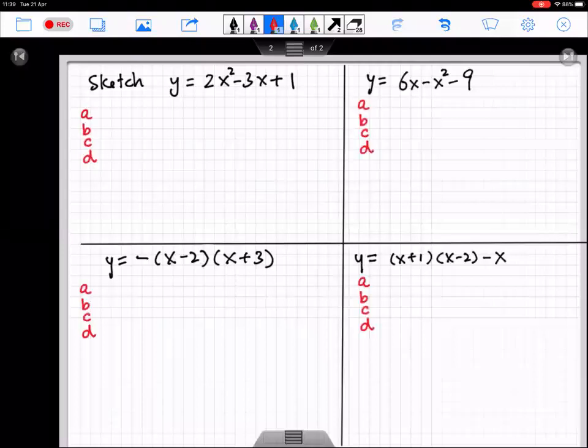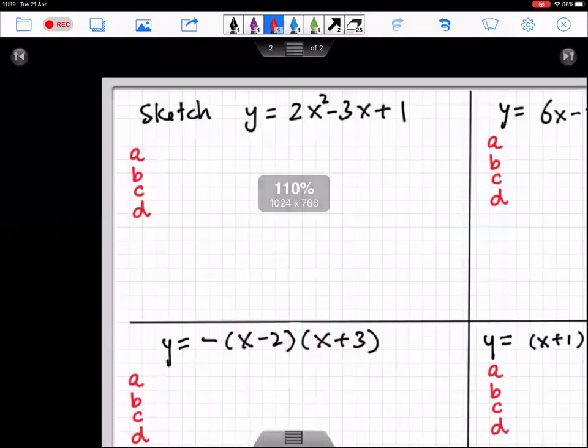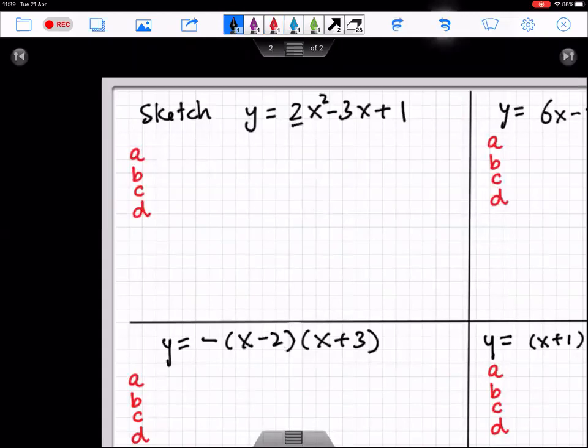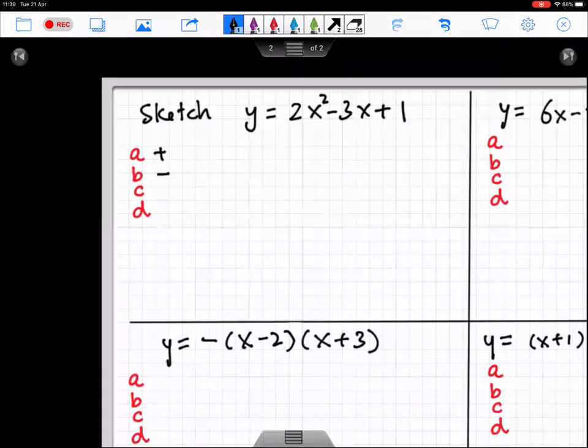Now let's start at the top left corner. How about A? A is number 2, a positive number. How about B? B is -3, so it is a negative number. How about C? C is +1, a positive number.